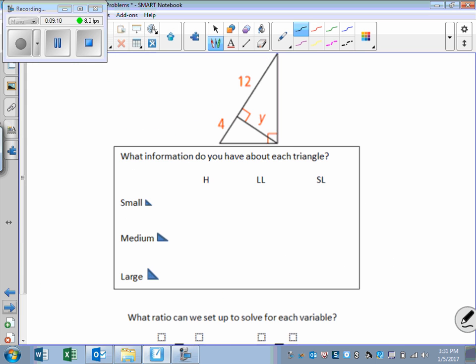Same thing over here. We got the small triangle. What do we know about it? Not much. We know that the small leg is 4. That's all we know for the small triangle. For the medium triangle, we know that the long leg, or the large leg, of the medium triangle is 12.